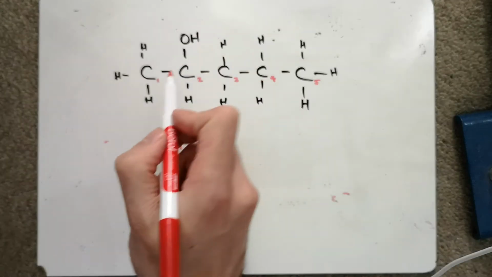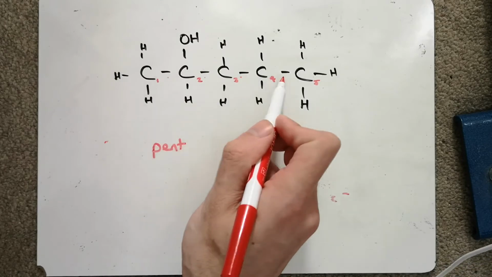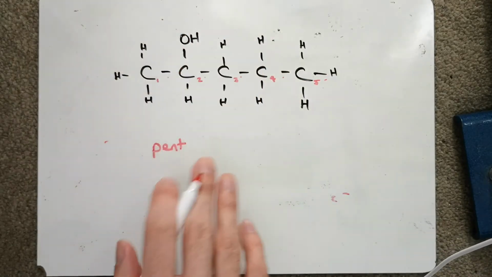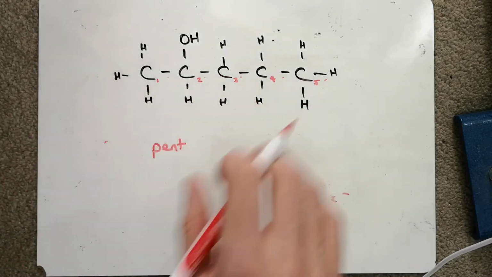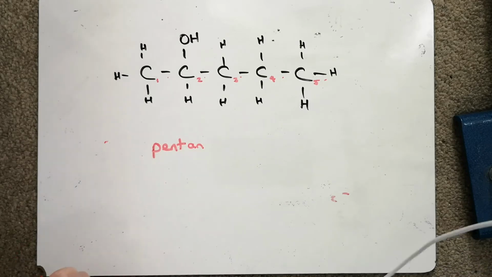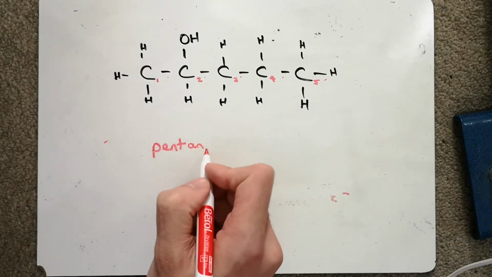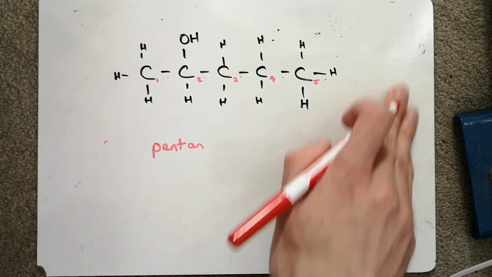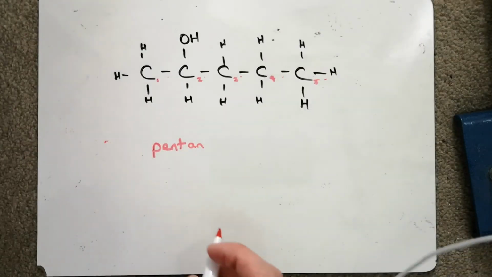All of them are single bonded to each other, so although we've got a functional group, the skeleton is an alkane. So I call it pentan, and I've dropped the E because the next letter is going to be a vowel.